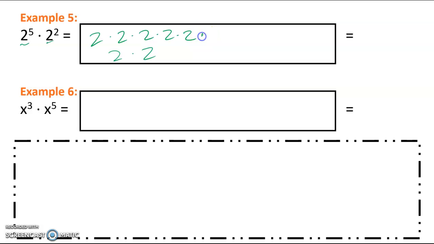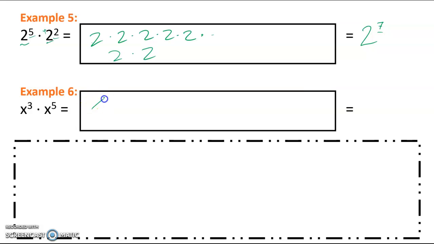This is all just multiplication, so all we really do is count up how many times you multiply together. How many 2's do we have here? I have 7. And if we notice these exponents, 5 plus 2 equals 7.